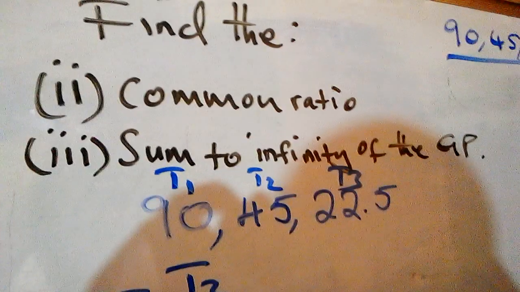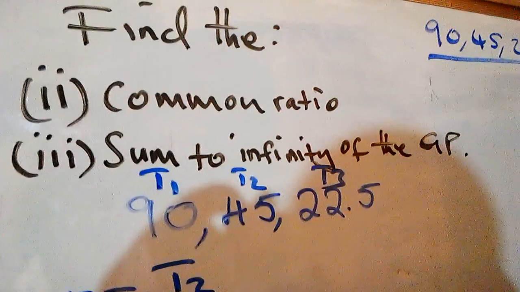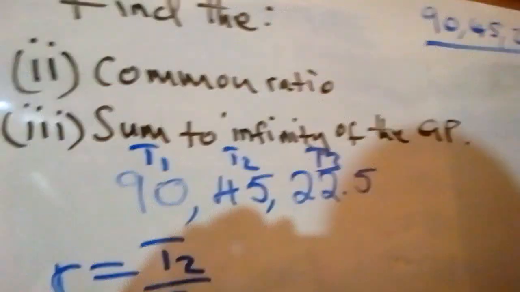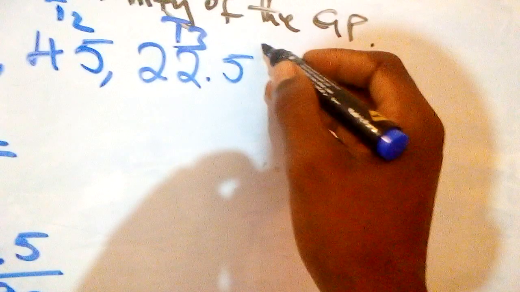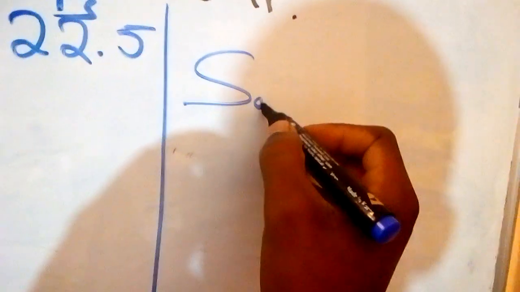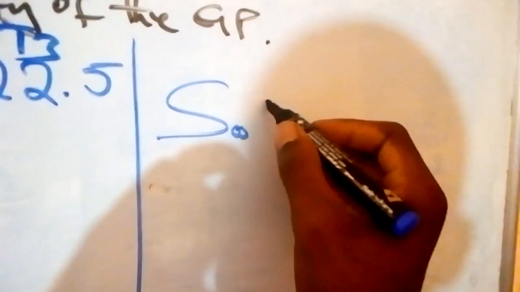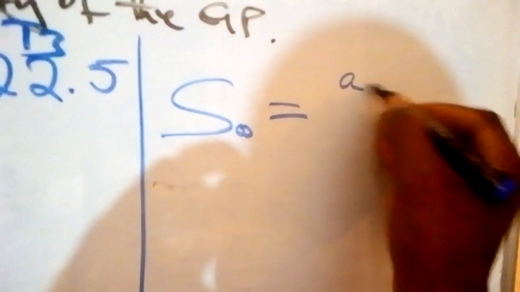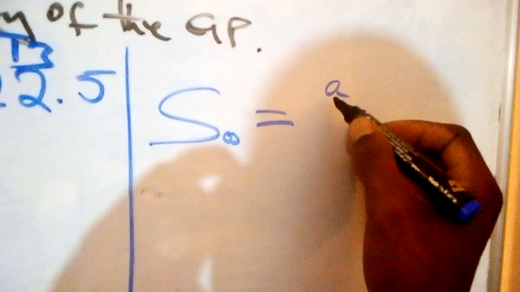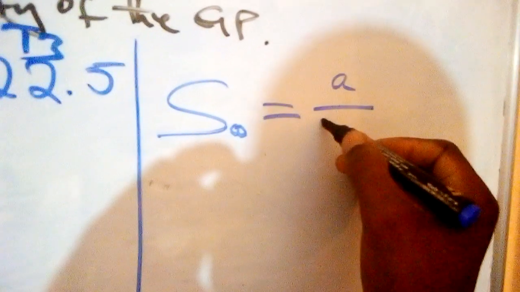That is to say, the sum to infinity of the geometric progression. For the sum to infinity, we have this particular formula. The sum to infinity is given by the first term, a, divided by 1 minus r.